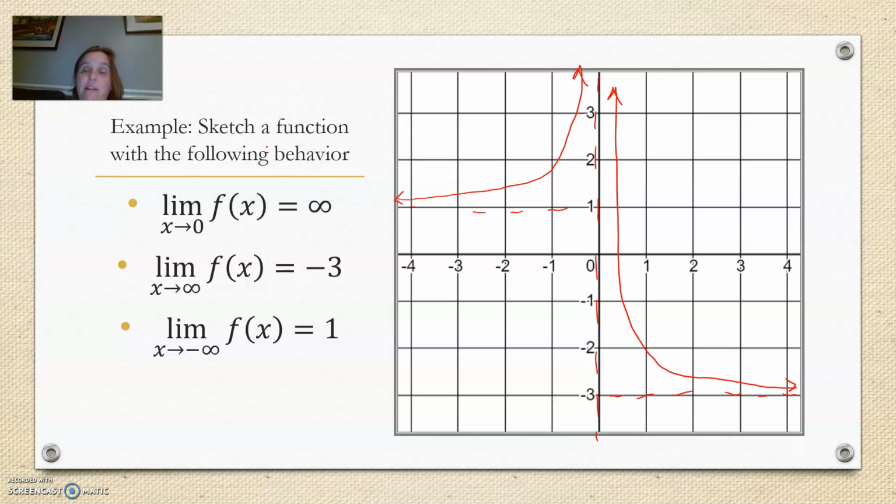And if your graph has a horizontal asymptote in the positive direction towards -3 and a horizontal asymptote towards 1 in the negative direction, and if it has a vertical asymptote at 0 with both ends pointing up, then you succeeded on this challenge. All right, thank you so much.